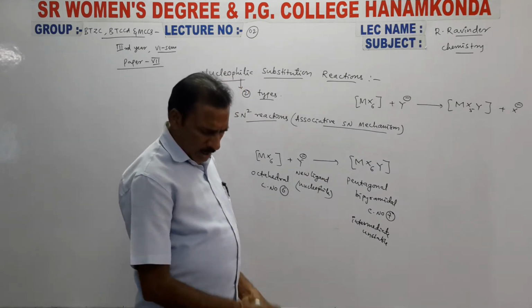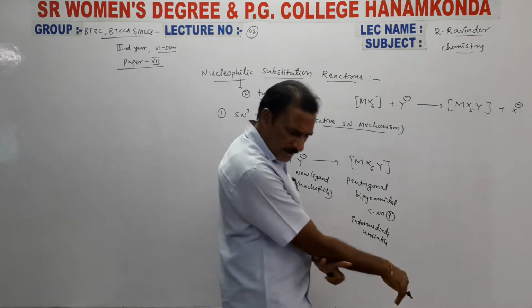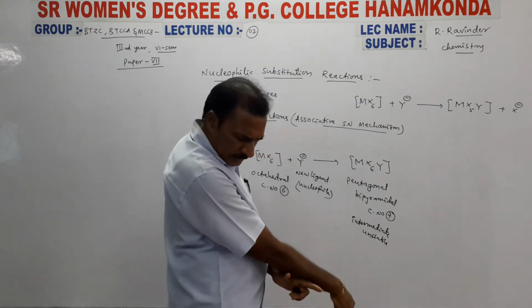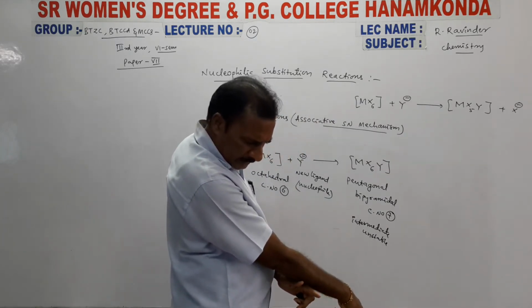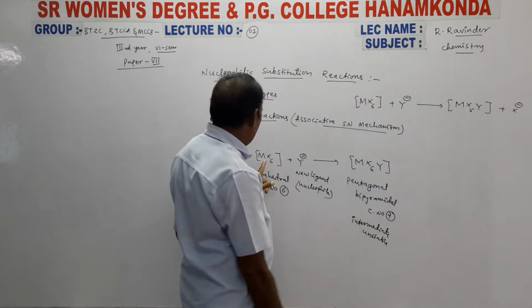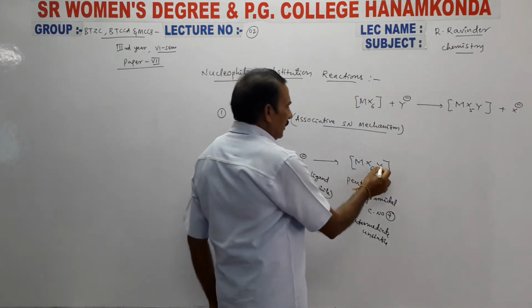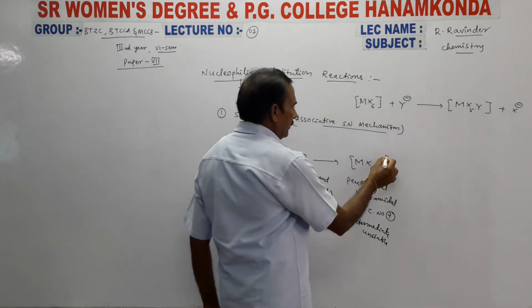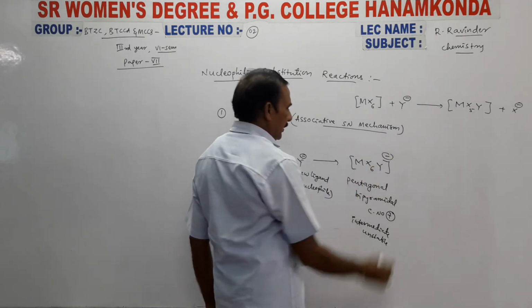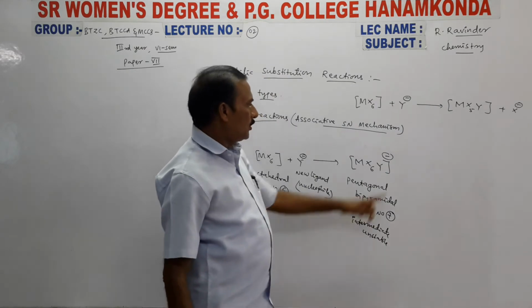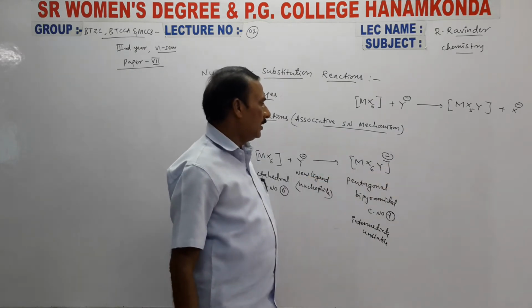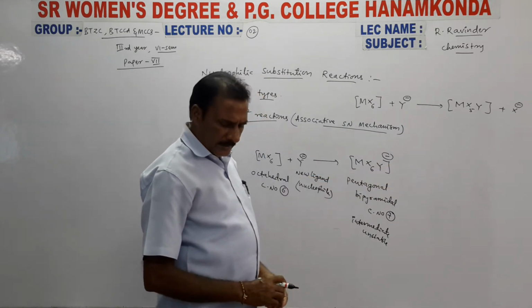Okay. Now, in a fast step: there is no charge present in MX6, but with the ligands present, this unstable intermediate shows a minus charge. This is the minus state.